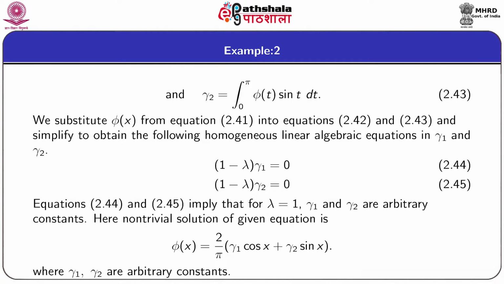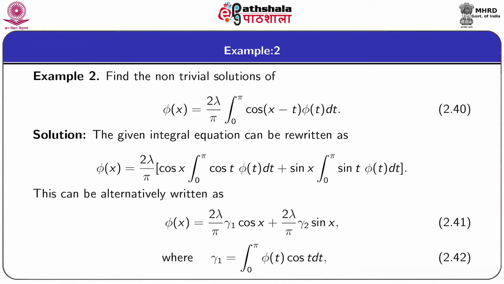If gamma 1 and gamma 2 are 0, then we get from equation 2.41 only the trivial solution of equation 2.40.